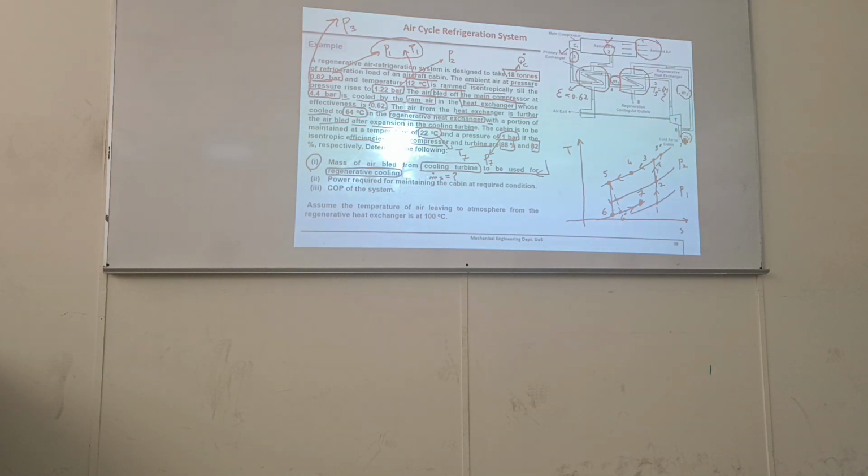This m. MCP delta T, but which Q? Q is equal to MCP delta T. Which Q? Load, refrigeration load. How much is the load? 18 tons, that is given here, which you are calculating nowadays.